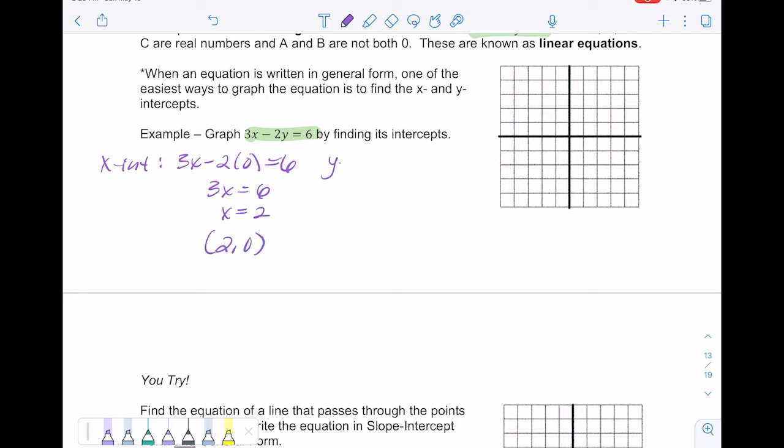And to get the y-intercept, you're going to let x equal 0 and solve for y. And now I'm going to plot my 2 points. So 2, 0 on the x-axis, that's your x-intercept. 0, negative 3 on the y-axis, that's your y-intercept. And then draw your line.